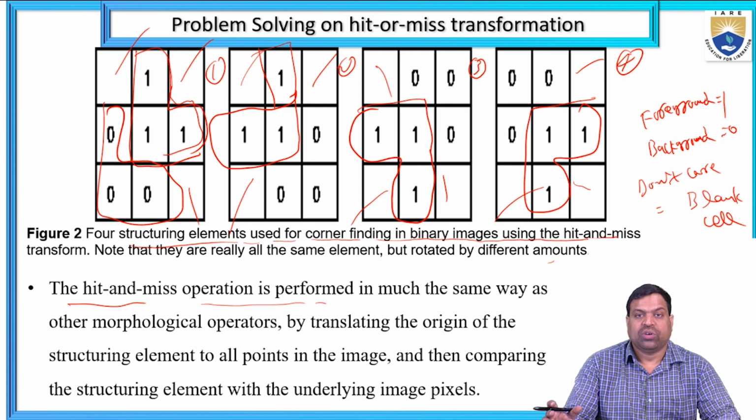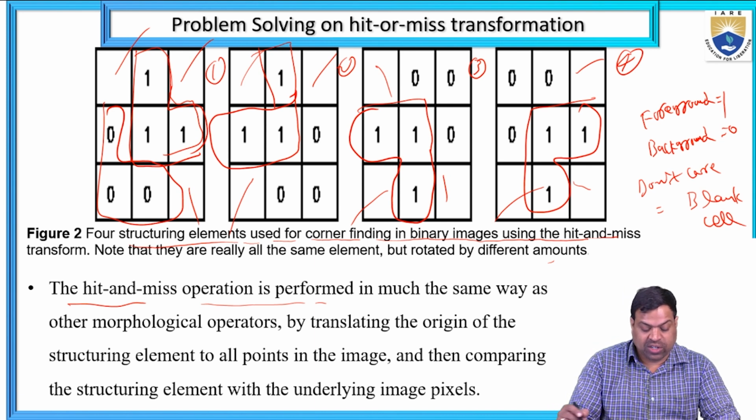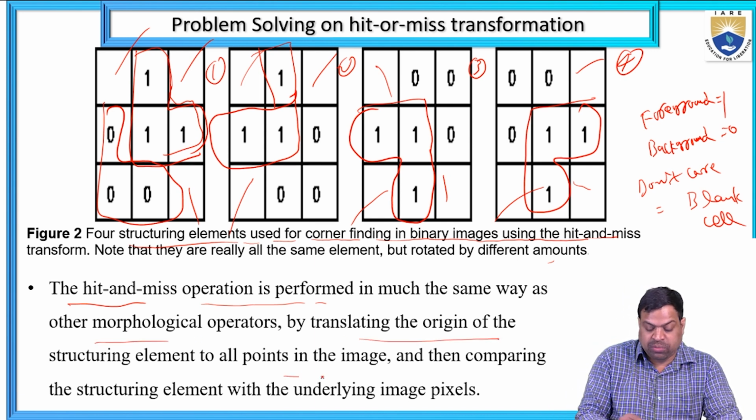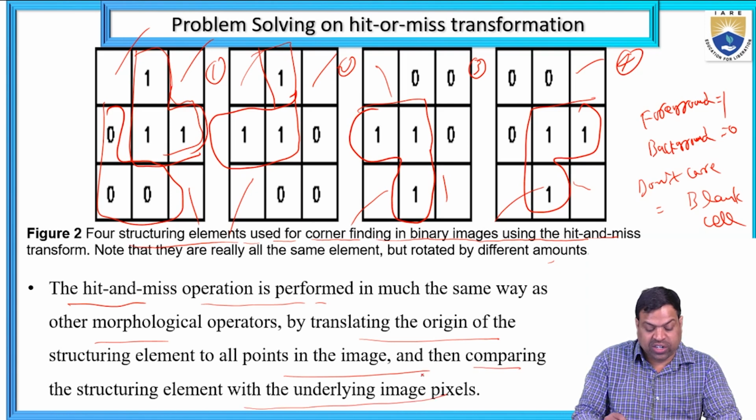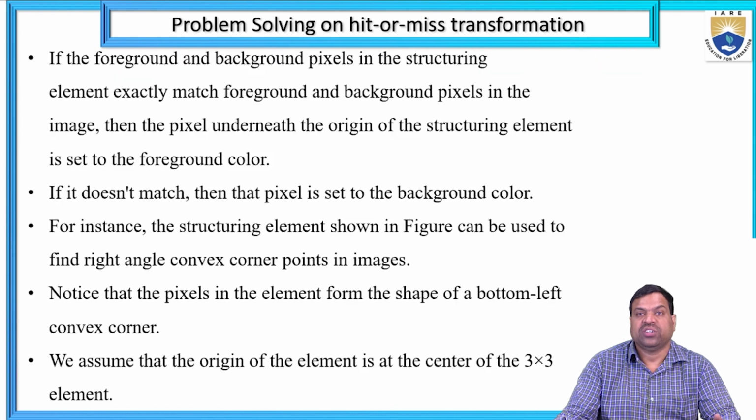So the same origin of the structuring element is translated over the image, then compared with the underlying pixels. For the hit or miss transform, you have to apply it to the input image with the structuring element. Then only do we get the hit or miss transform, or the eroded or dilated output. So we are comparing the structuring element with the underlying image pixels.